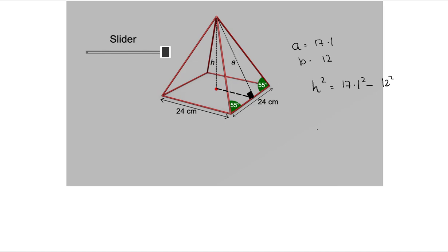So solve this question. h equals the square root of 17.1 squared minus 12 squared. Tell me what answer you get.